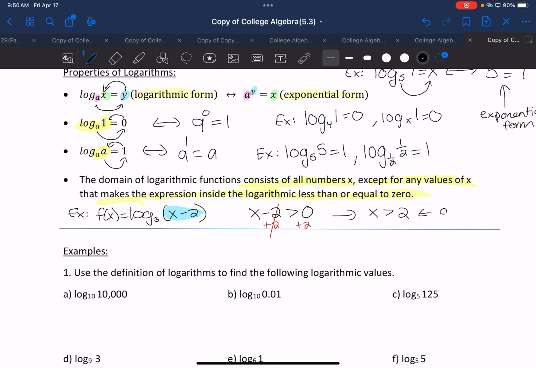And this would be the domain. It has to be greater than 2, or that expression in there will be equal to 0 or negative. So it's kind of combining the rules for radicals and rationals. Now it can't be 0 or negative.